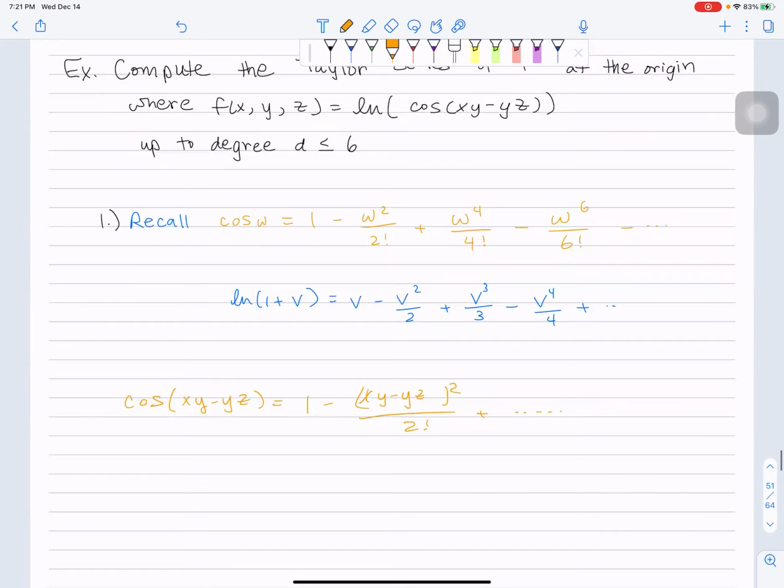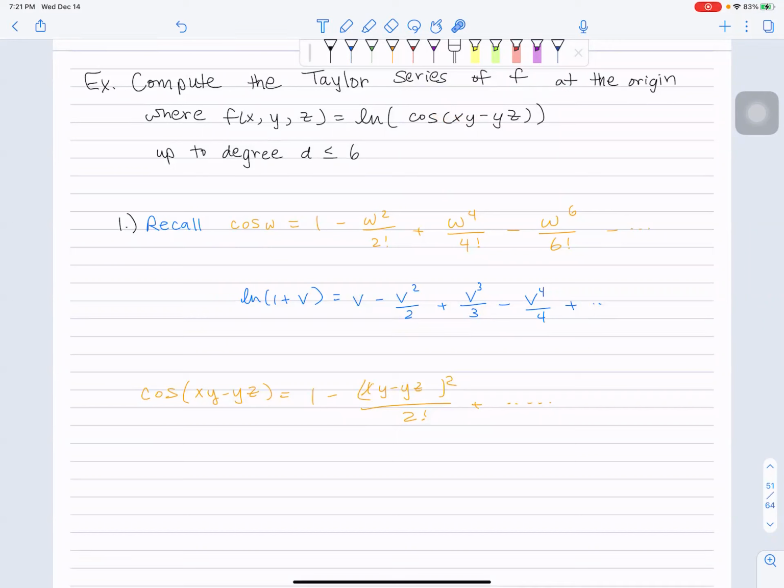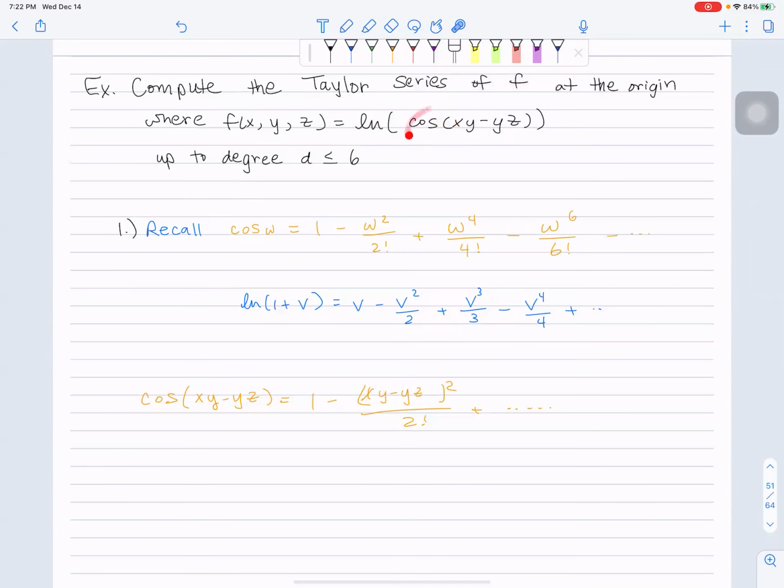So here we have natural log of a term, but we only know the Taylor series for natural log of 1 plus a term. So we're going to have to do a little bit of adjusting. Why is that? Because we have this entire term, but we need 1 plus a number.